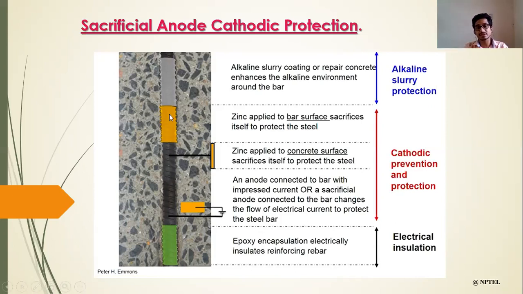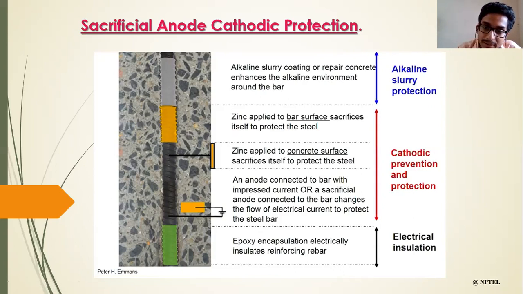So what are the different methods we can adopt? The first method is alkaline slurry protection. In this method, we give a coating of alkali, which will increase the pH around the bar, so it will reduce the corrosion.